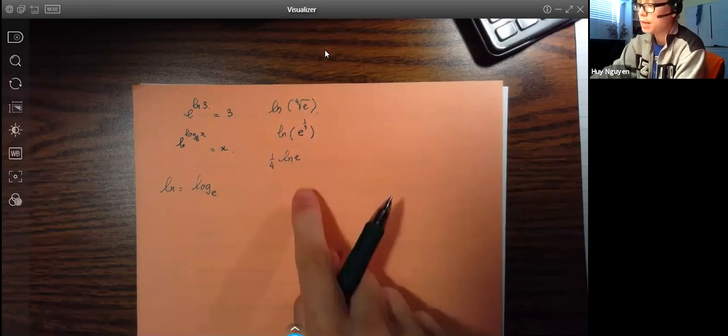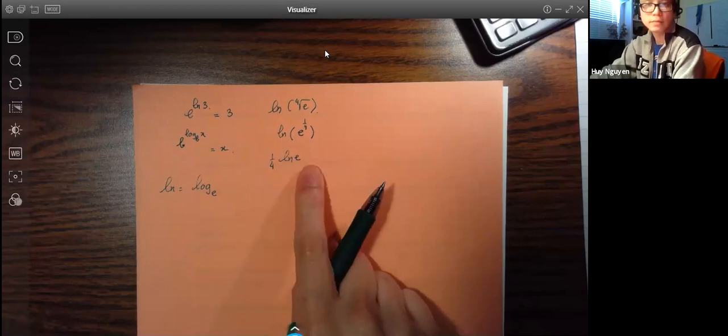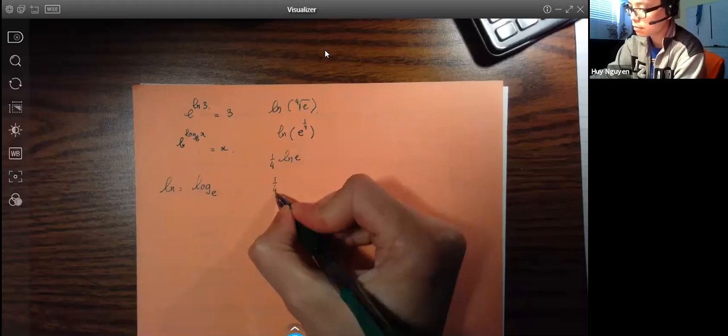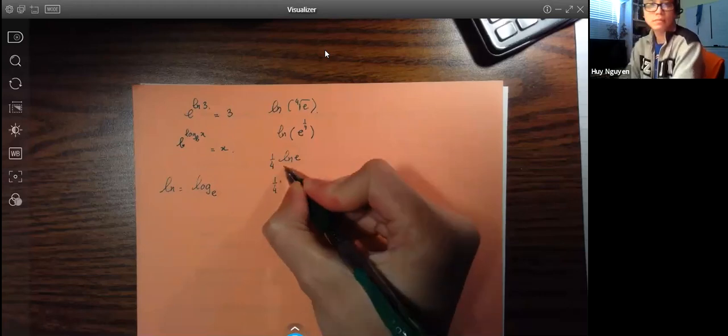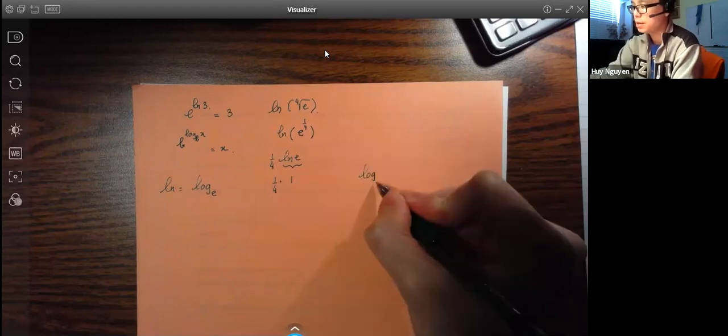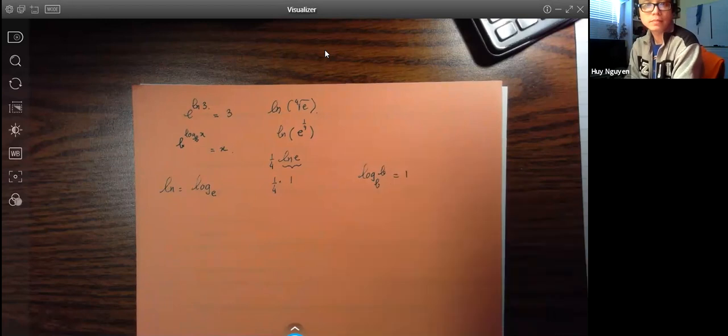And log base e, natural log of e, is equal to 1. Remember the formula? Log base b of b equals 1.